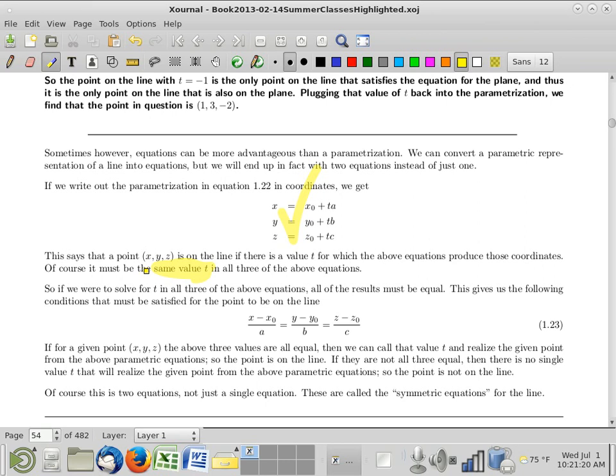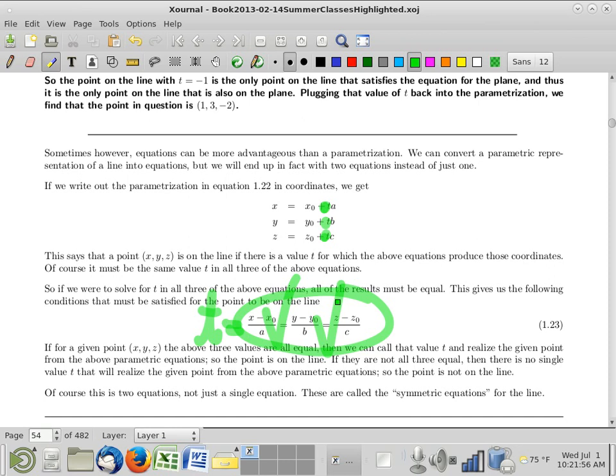So, said differently, if you solve for t in all three of these equations, all three of those t's have to be equal. In other words, you have to be able to generate the point in question with one single value of t. Well, if t has to equal three different things, those three things are not different. They're all equal to each other.